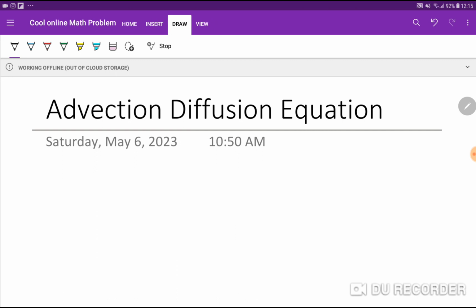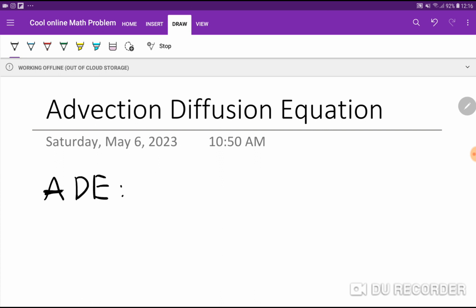I would like to start this series by talking about the advection diffusion equation, or ADE, if you encounter it reading articles and you see them talking about ADEs. This is the one, the advection diffusion equation. The advection diffusion equation describes the velocity profile or the concentration profile.